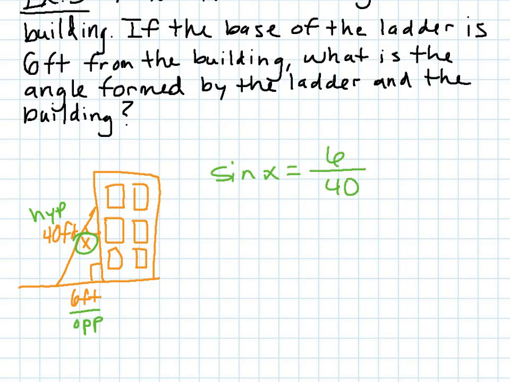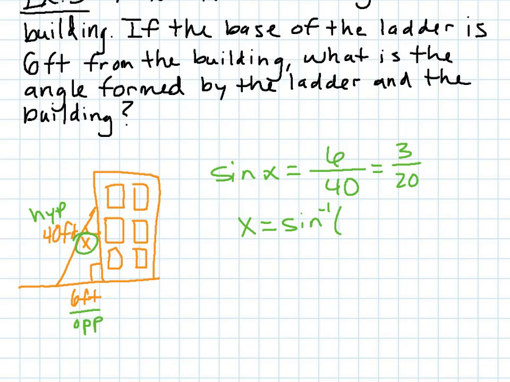Now this is not on the unit circle or anything to help me figure out what this angle is, so I need to use the inverse sine. I can reduce a little bit just to make this easier, so 6 over 40 is the same thing as 3 over 20.